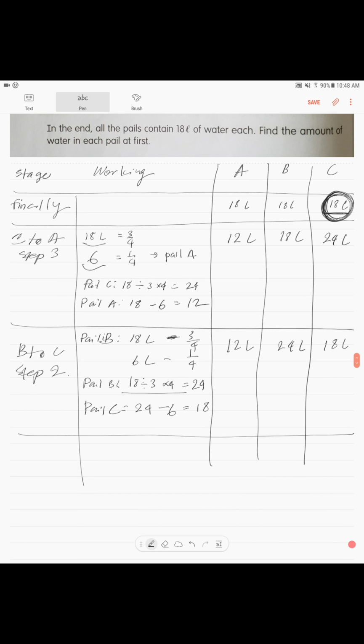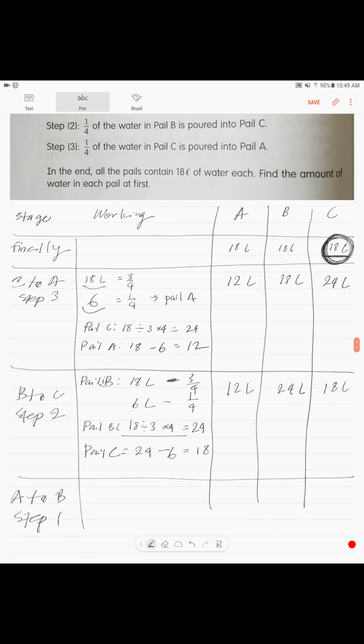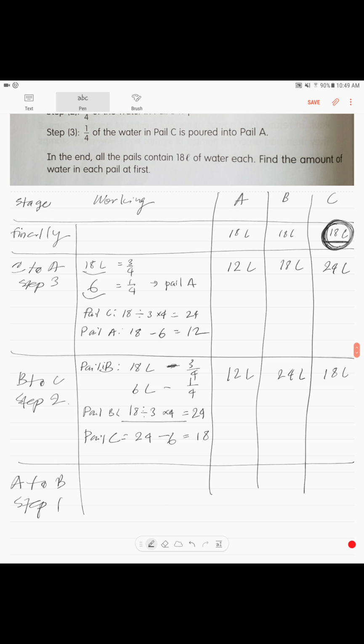And the last step, A to B, step 1. What happened here? 1/4 of the water, absolutely same thing. But now pail A, we have 12 liters. Our 12 liters is actually a fraction of 3/4.